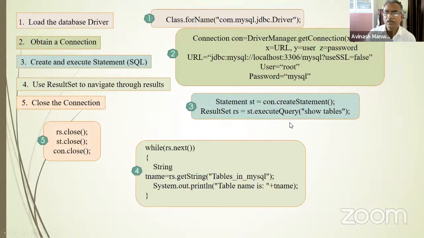Otherwise, you use the executeQuery method. It requires only one argument, a simple query. You can put the query directly there, or if your query is too big, you can write it in a string variable and pass that as the argument to the method.